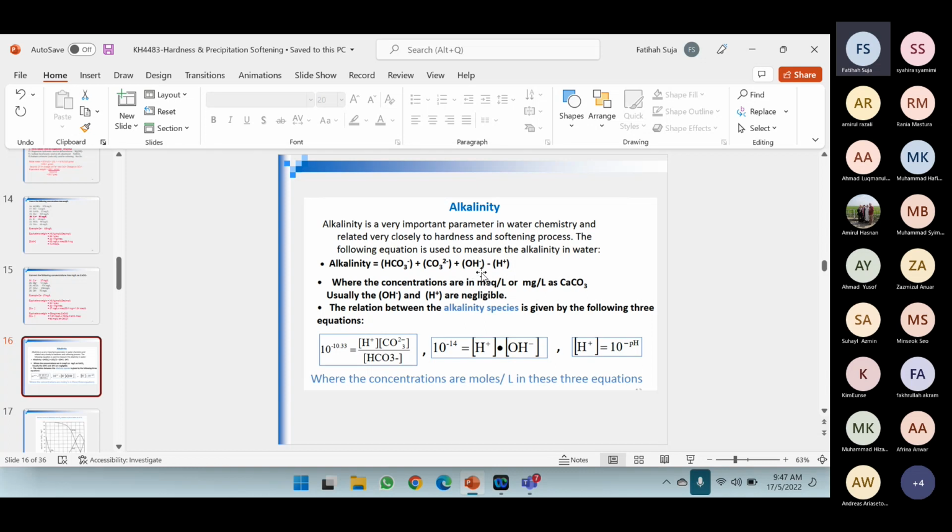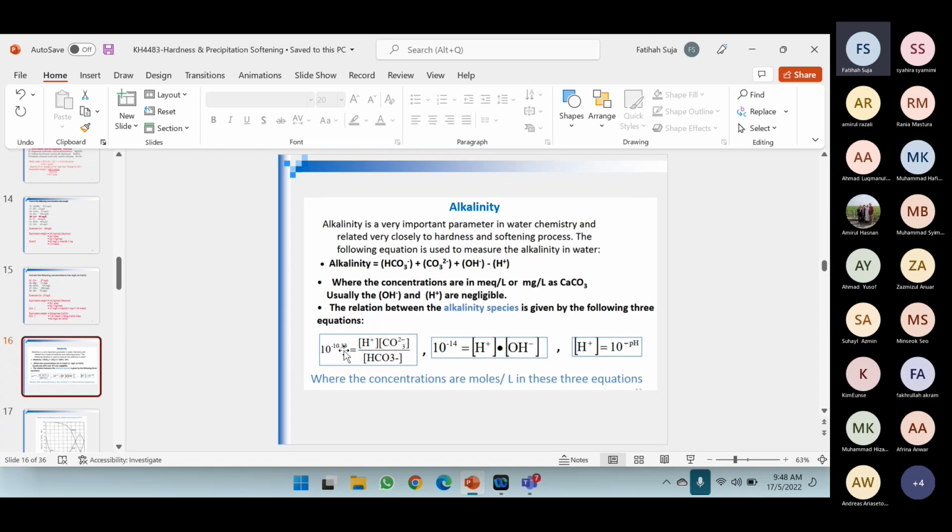But usually the concentration of hydroxide and actually this H ion are negligible. So the concentration of alkalinity is in milli equivalent per liter or milligram per liter as calcium carbonate. The relation between the alkalinity species is given by the following three equations.